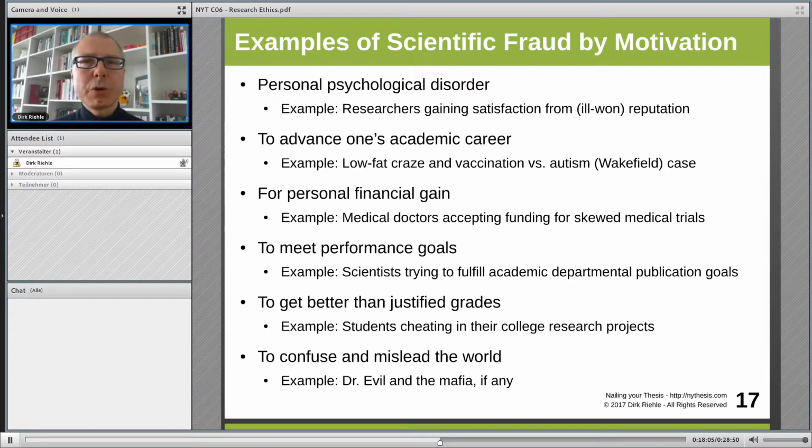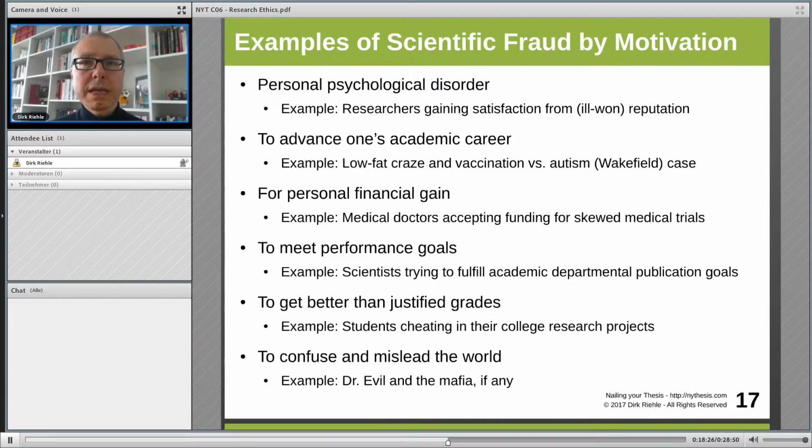For financial gain, personal financial gain, well, there are always or too often studies of trials of medical drugs that are being rushed to market, where medical doctors might be induced using money to perform less than perfect trials to get the drug approved.